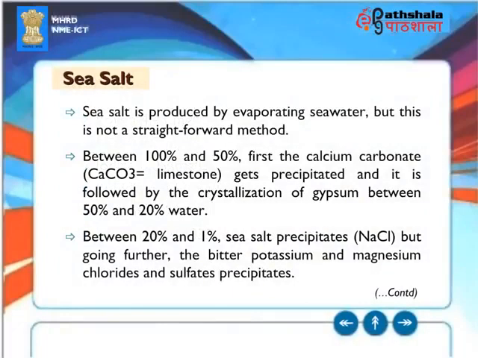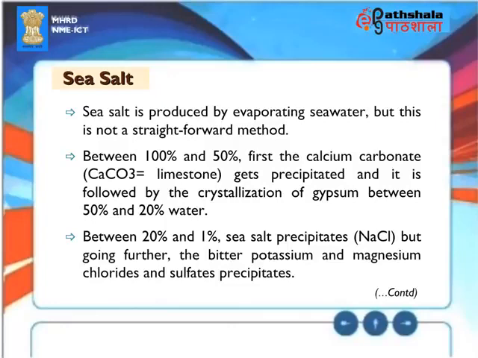Sea salt. Sea salt is produced by evaporating seawater, but this is not a straightforward method. Between 100% and 50%, first the calcium carbonate, CaCO3, equals limestone, gets precipitated, and it is followed by the crystallization of gypsum between 50% and 20% water.